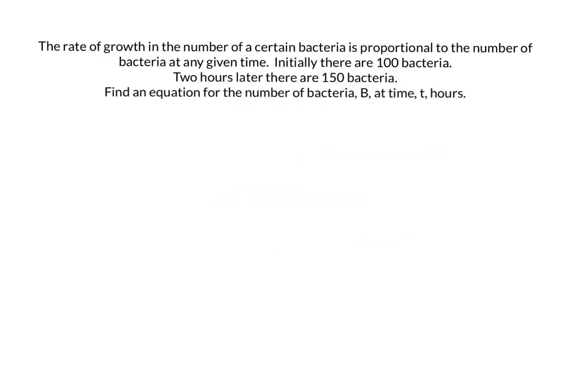Okay, and here's our last example. It says the rate of growth in the number of a certain bacteria is proportional to the number of bacteria at any given time. So right away, when you see rate, you have to think, okay, differential equation, proportional, that is dy over dx equals k times y.